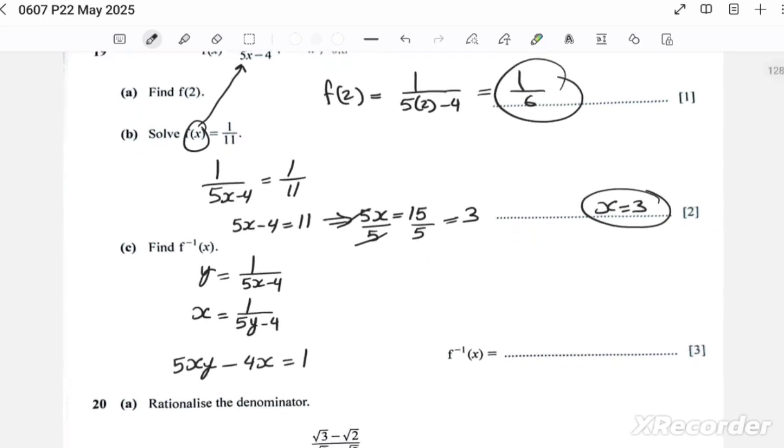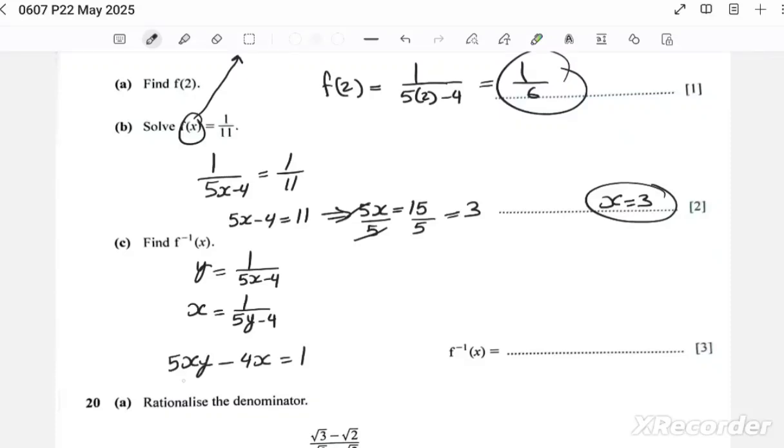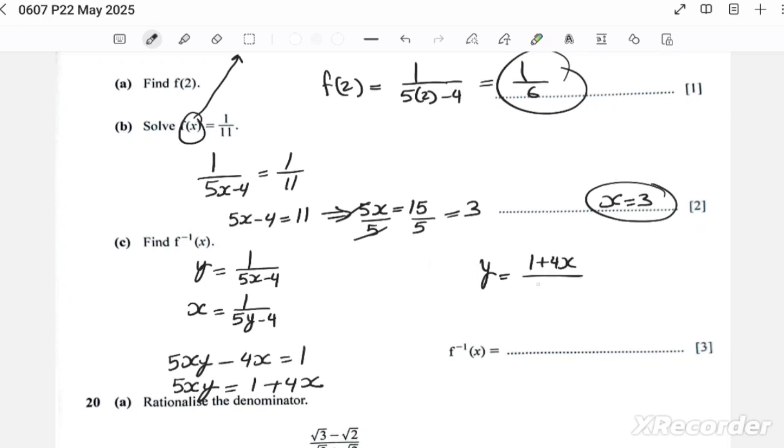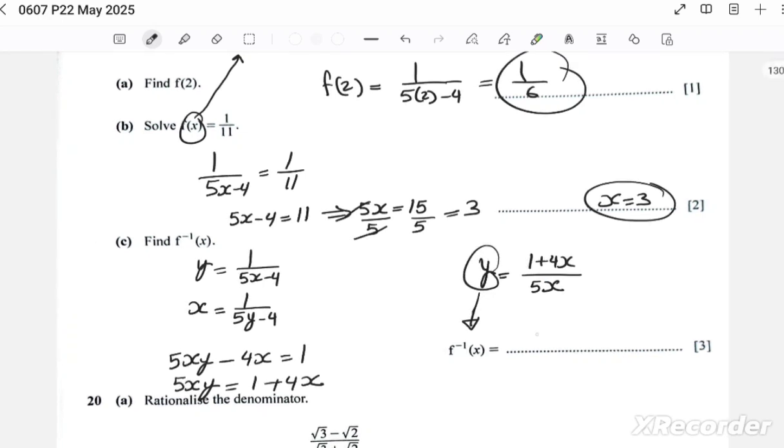Then 5xy equals 1 plus 4x. So you may say that if you divide both by 5x, so y equals 1 plus 4x divided by 5x. So this is the inverse function. So the inverse function is 1 plus 4x divided by 5x.